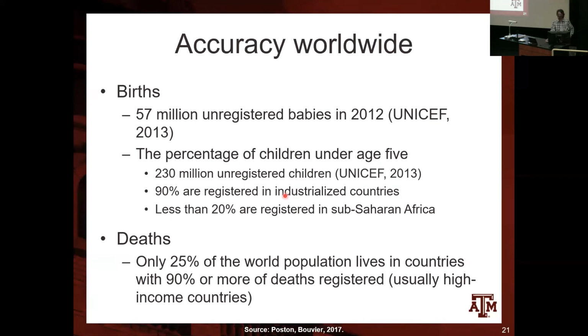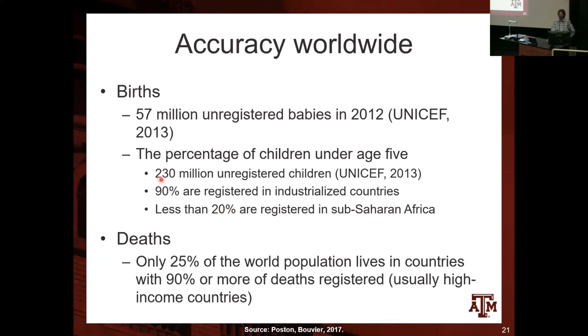In more developed, more industrialized countries, around 90% of the children under age 5 are registered in some way in the country, usually by local agencies, and that information is sent to the federal government. In less developed countries, there is a lower percentage of children under age 5 that are registered with the government. For example, in sub-Saharan Africa, less than 20% are registered.